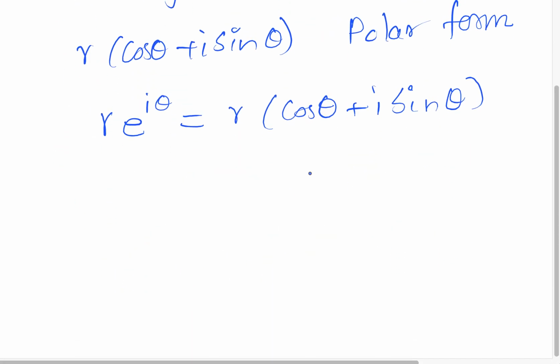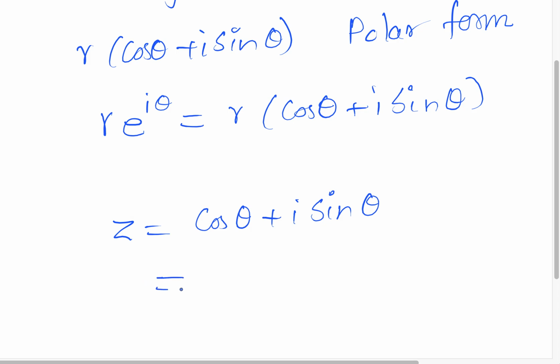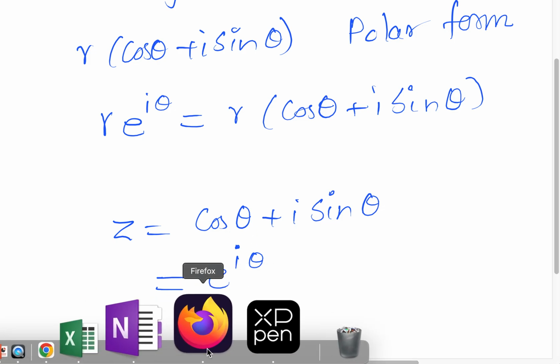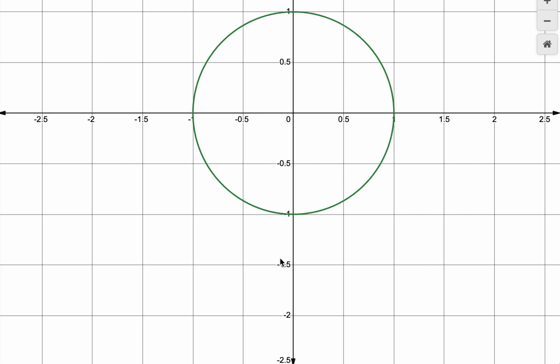My complex number is cos theta plus i sin theta. I don't need to write r because r is 1. And as per this representation, it is going to be e to the i theta because r is 1. And I want to show how these two are equivalent to each other. Correct? So let's go back to our Desmos and see.